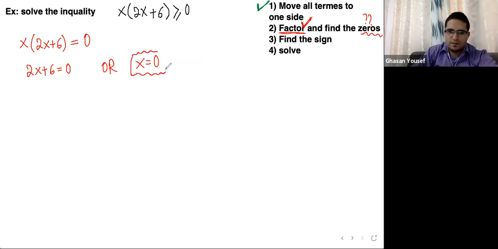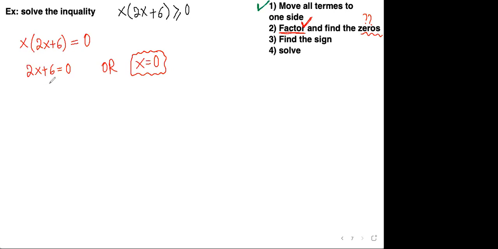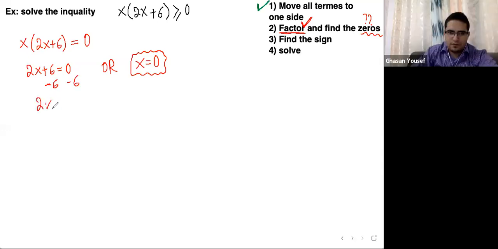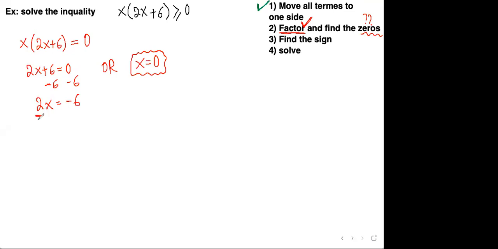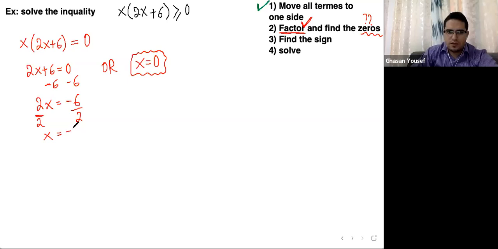And the second solution we get from here. What should we do? Minus 6 on both sides. Then 2x equals negative 6. Divide by 2, you get negative 3. So x equals negative 3 is my second solution. x equals negative 3 and x equals 0. These are the two solutions.